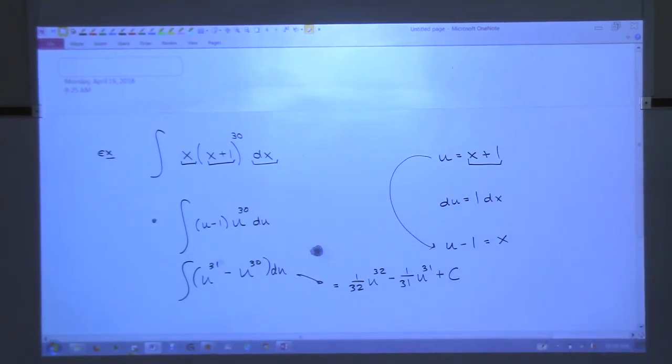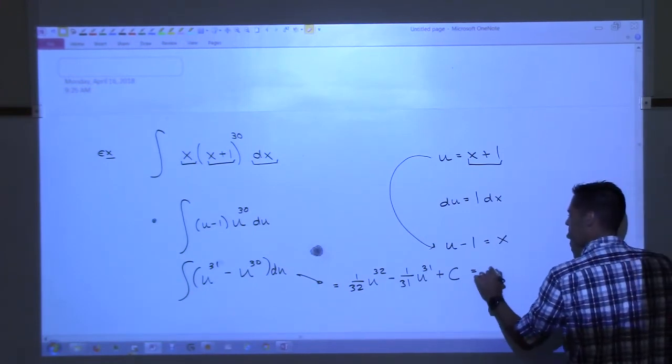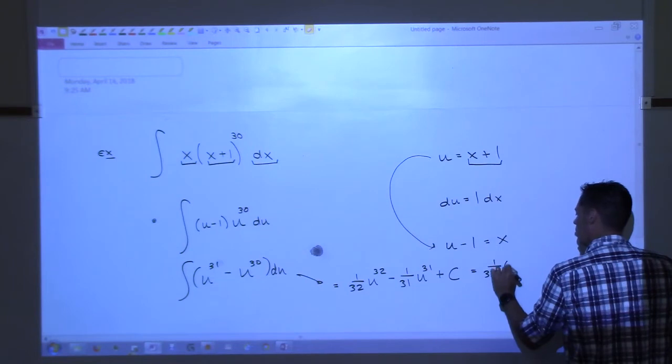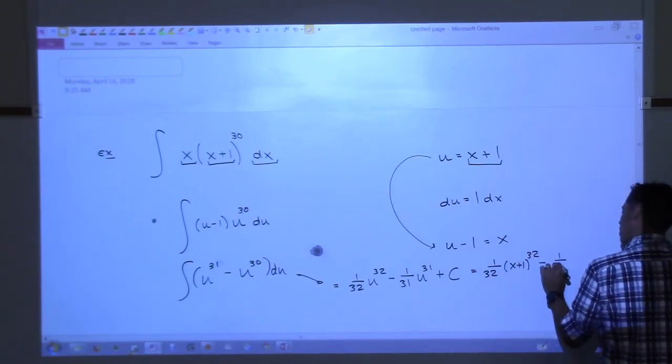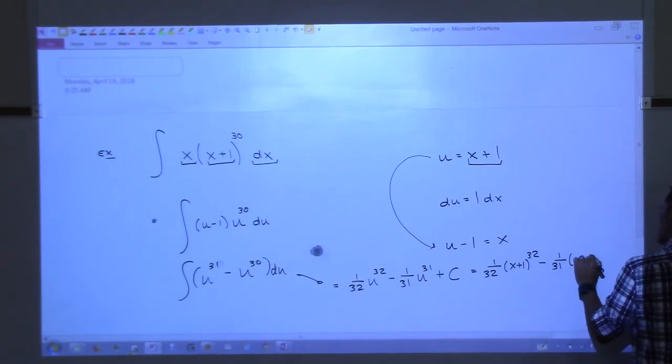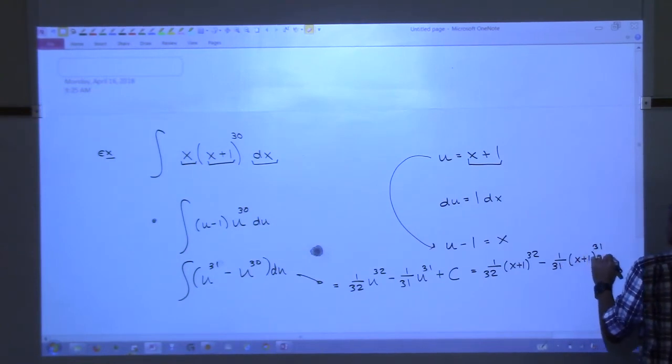And then replace your u's with x plus 1. So 1 over 32 (x plus 1) to the 32 minus 1 over 31 (x plus 1) to the 31 plus c. That's your antiderivative.